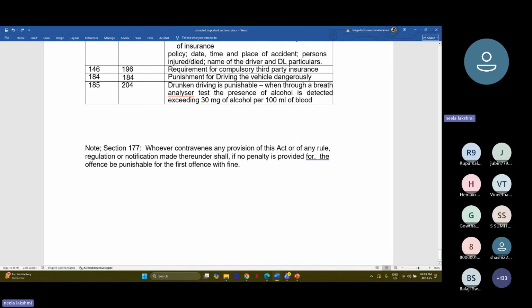Whoever contravenes any provision of this Act or any rule, regulation or notification thereunder, if no penalty is provided for, the offence shall be punishable for the first offence with a fine under Section 177. Wherever there is no relevant section for punishment, it will be punished under Section 177. That is the meaning.